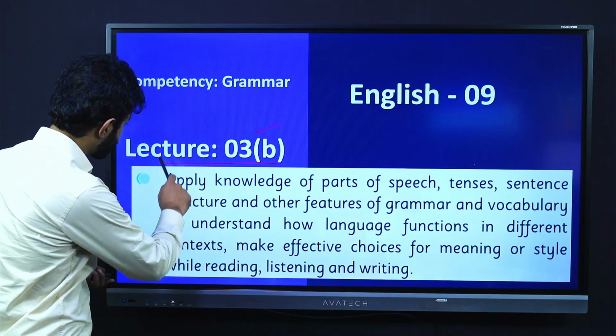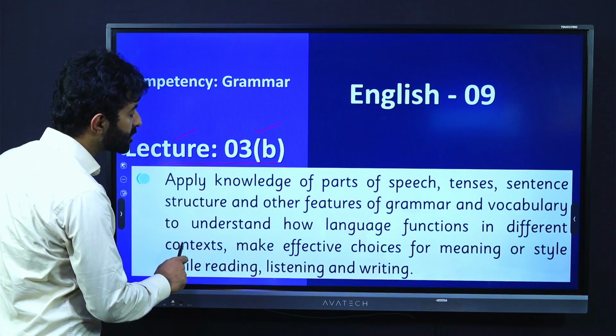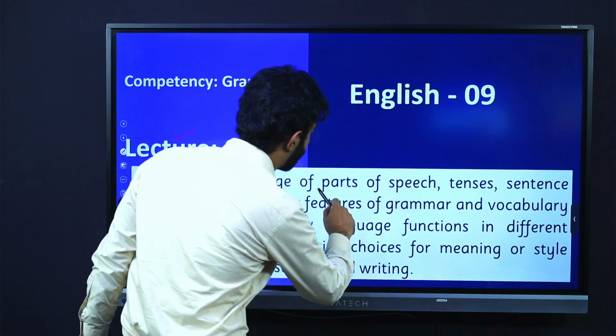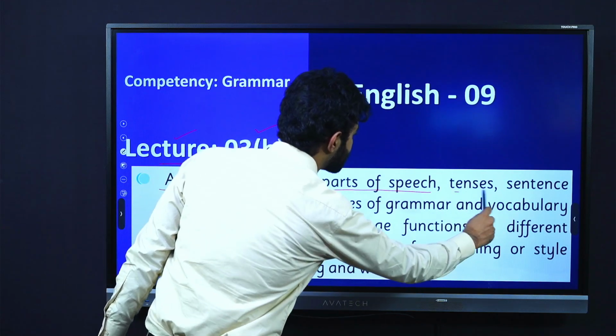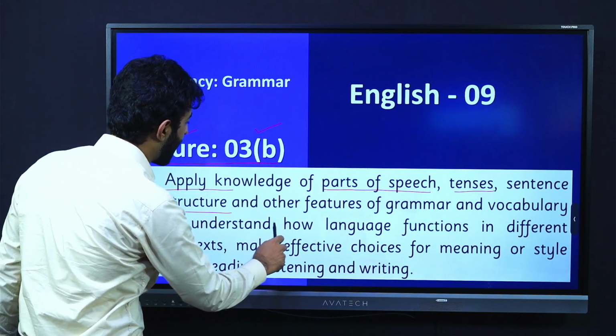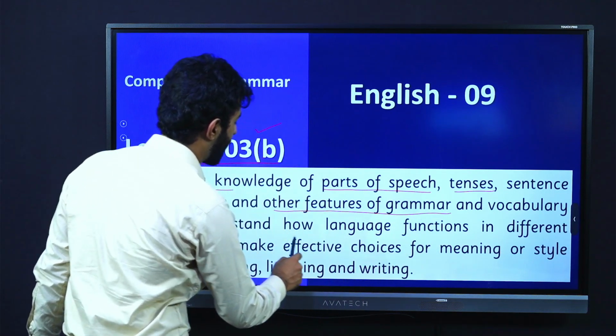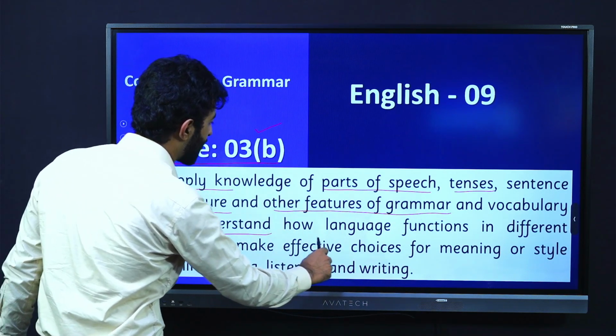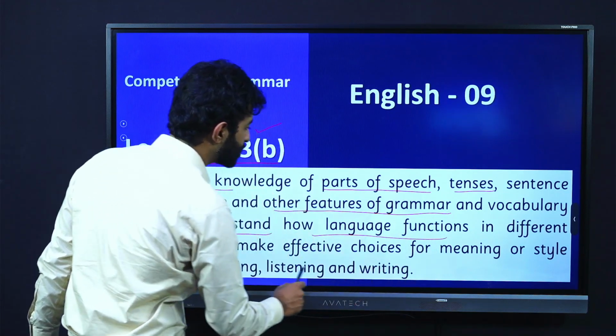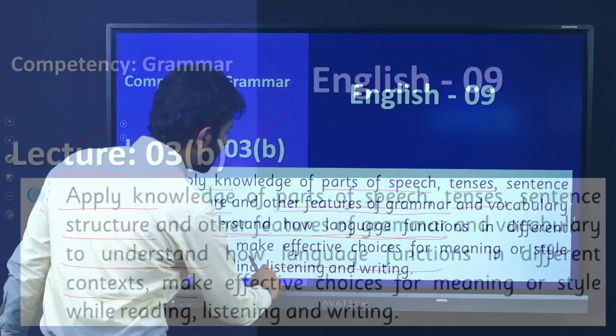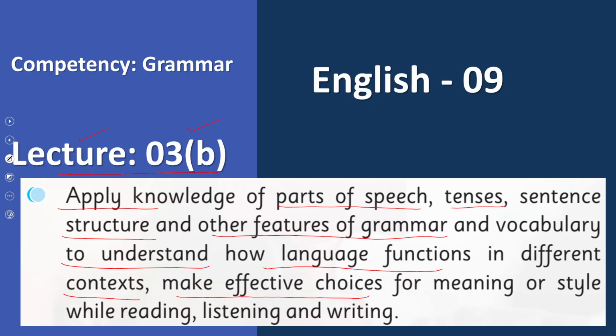So let's see. The SLO says, apply knowledge of parts of speech, tenses, sentence structure, and other features of grammar and vocabulary to understand how the language functions in different contexts, make effective choices for meaning or style while reading, listening, and writing.